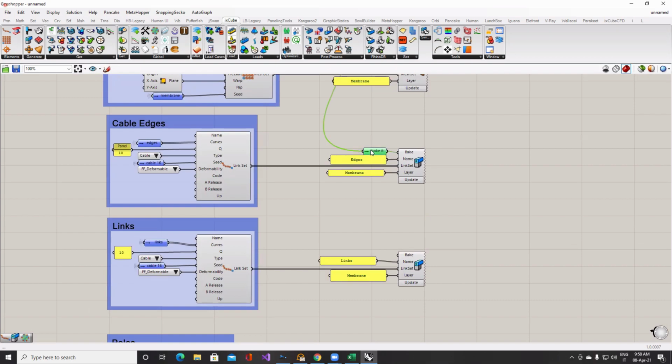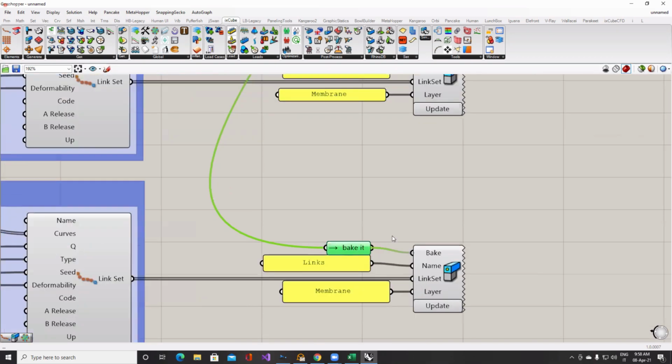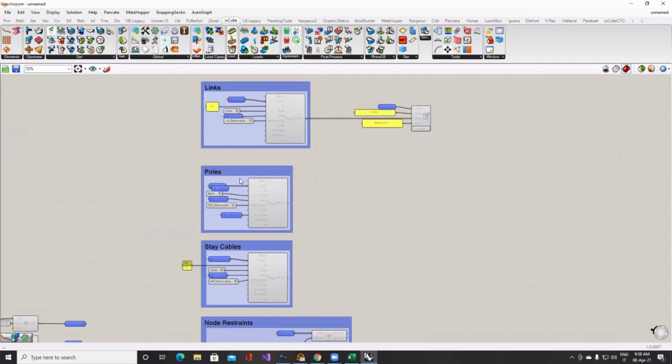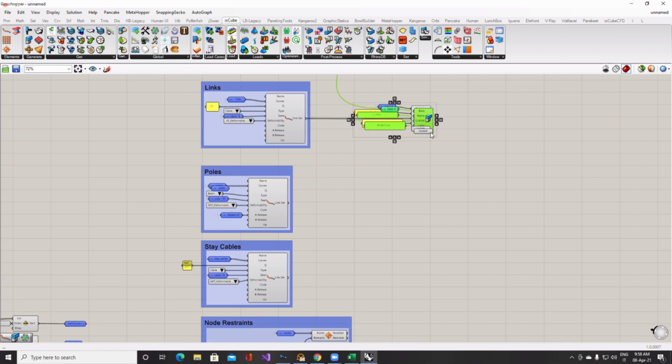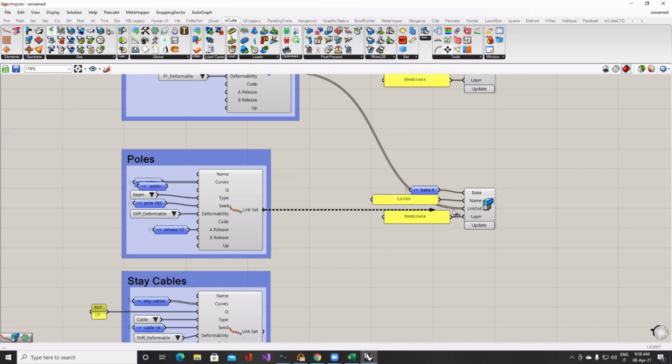Let's get the baker. That's it. The poles, I can get this by copy paste. The poles again are a link set.